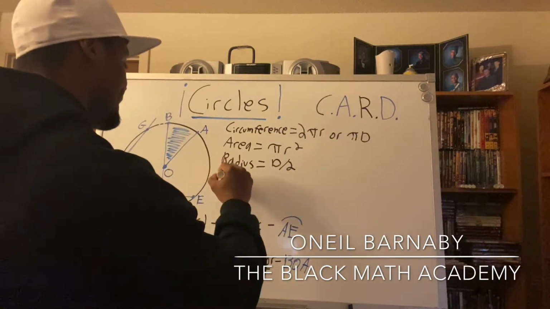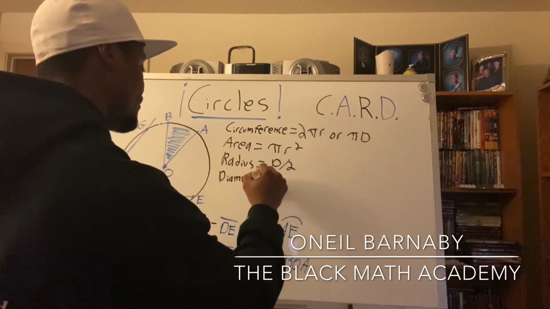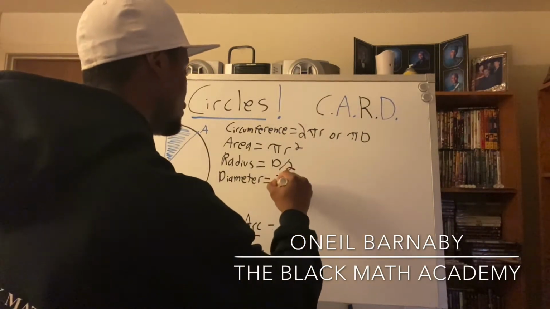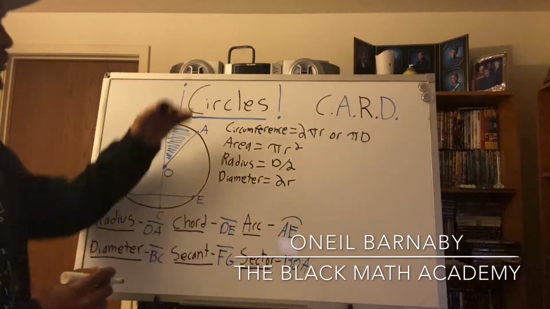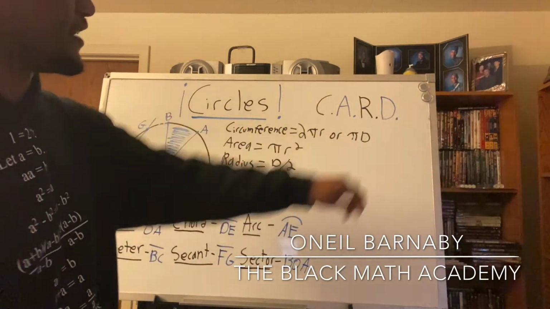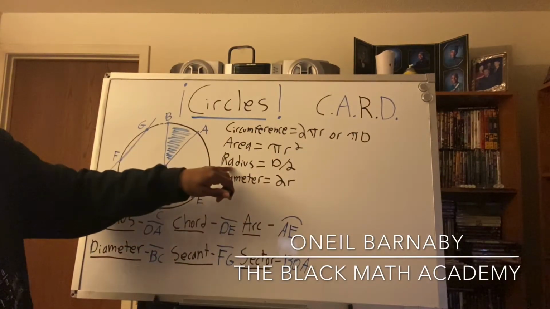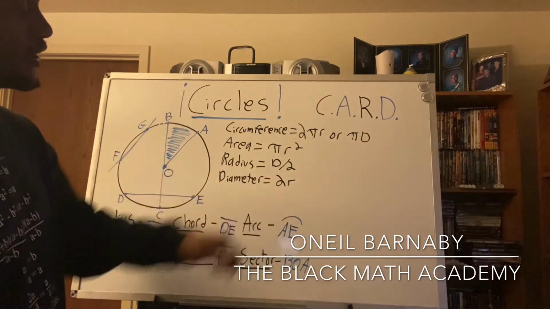And the diameter, its formula is 2r. Okay, so these are your formulas. Circumference, 2 pi r, or pi times diameter, pi d. Area, pi r squared. Radius, diameter divided by 2. And diameter, 2 times the radius.